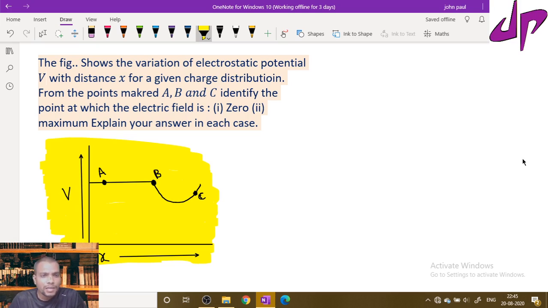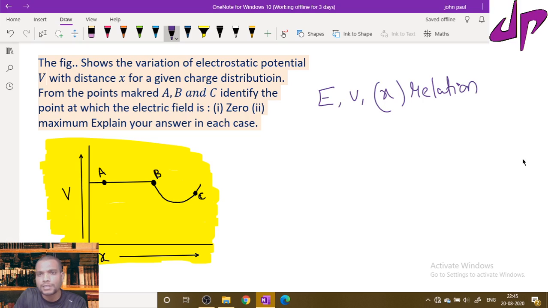To identify the electric field, first we need to know the electric field and potential relation: electric field, potential and distance x. Here x is nothing but distance, or sometimes in the textbooks we use r.